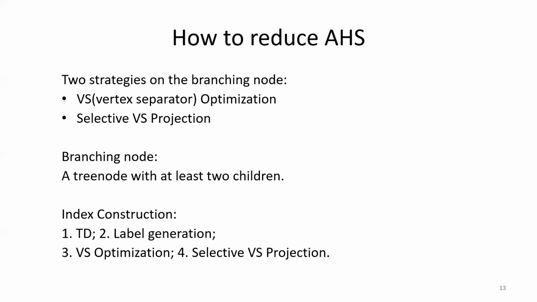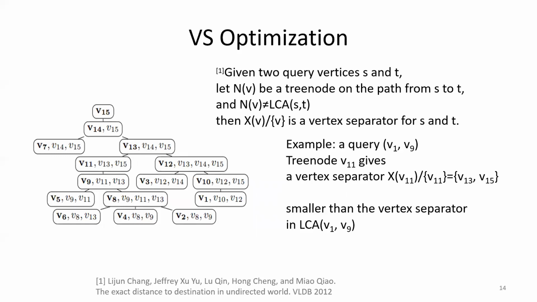A branching node is a tree node with at least 2 children, and we apply these two strategies after the tree decomposition and the label generation in the index construction.